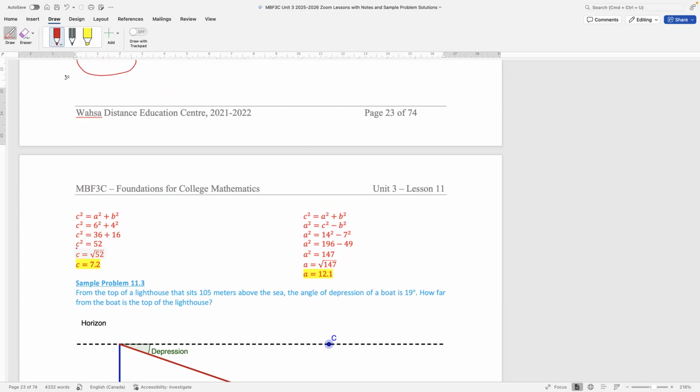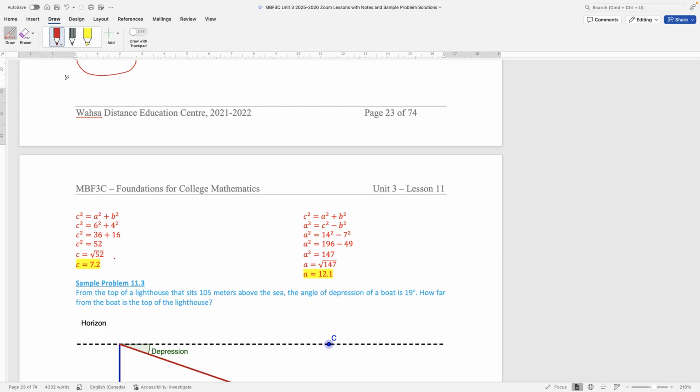So to solve for c squared, I need to take the square root of c squared to get c is equal to the square root of 52. Put that into your calculator. Square root of 52, I get 7.211102551.